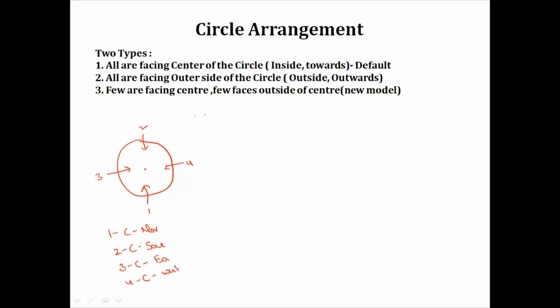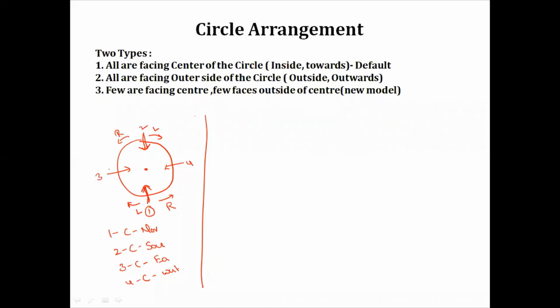Okay, now in the first case we know that if anybody faces center, we can assume that we are facing center, and the bottommost person is we are assuming ourselves. Now here person 1 is you, so this person is facing center as well as north, and this will be right side of him and this will be left side of him. Person 2 is facing south, so this will be left side of him and this will be right side of him, which is exactly opposite to us.